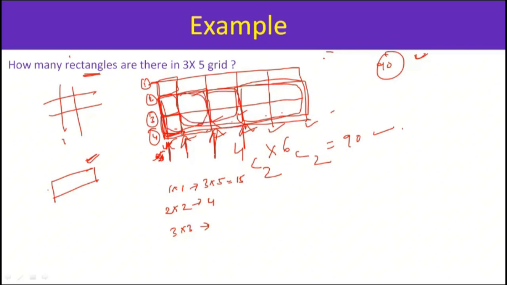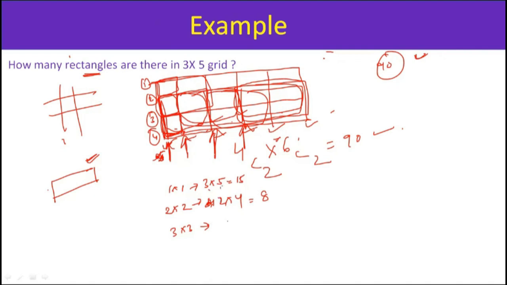You can also manually check it: 1, 2, 3, and 4. Similarly you can have it on the top, so it is 4 into 2, which is 8. If you see the pattern, 3 into 5 first, then subtract one from 3 to get 2, and subtract one from 5 to get 4.